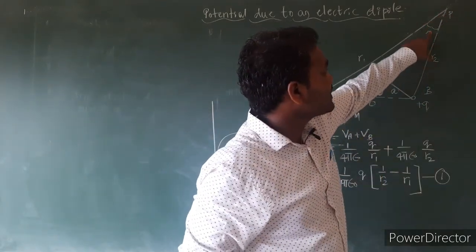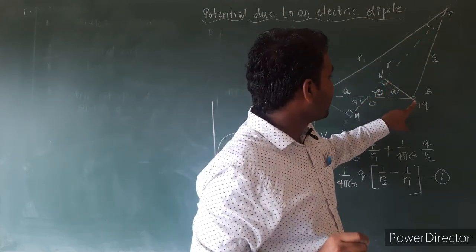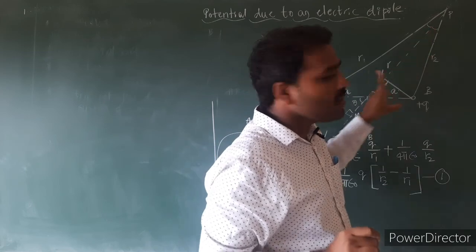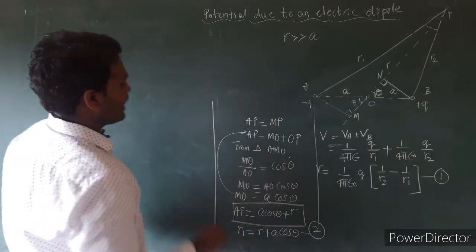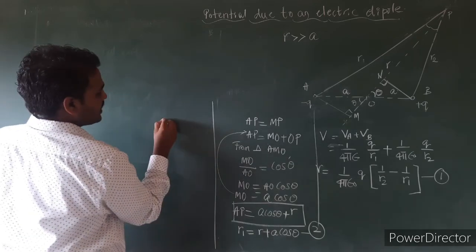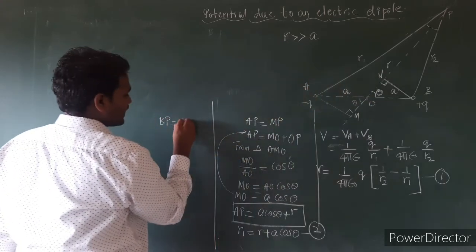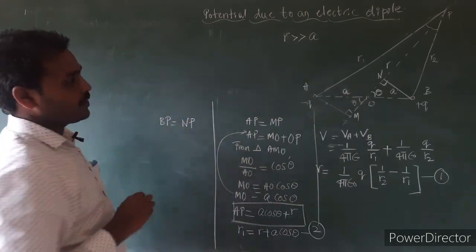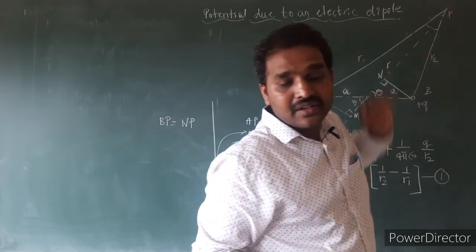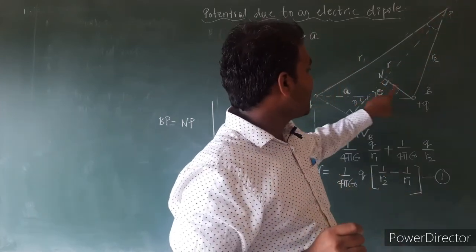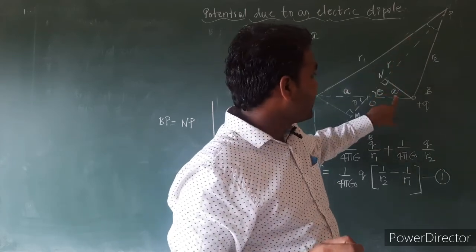Because these two lines are making a very small angle between each other, and this line BN is perpendicular to NP. So, I am writing BP is equal to NP here.